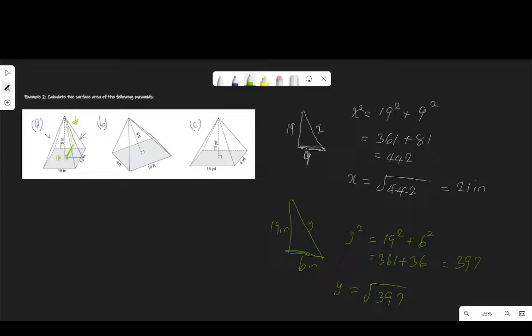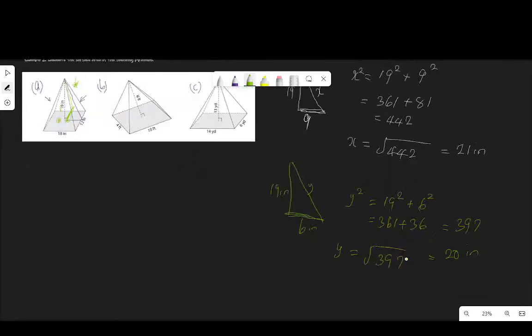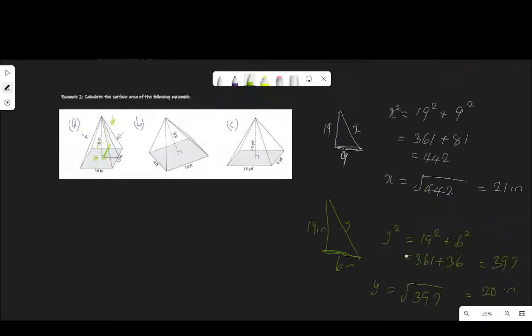The square root of 397 is 19.9. Let me round it up to 20 inches approximately. So the height of the front and back triangles is 20 inches because they are exactly the same triangle.